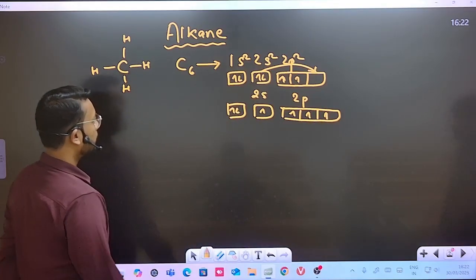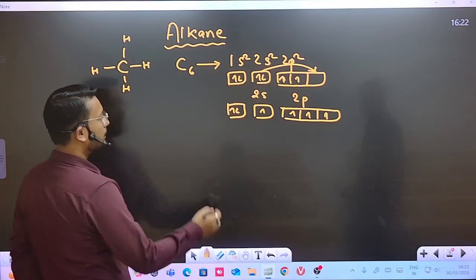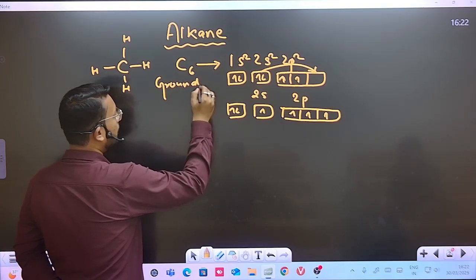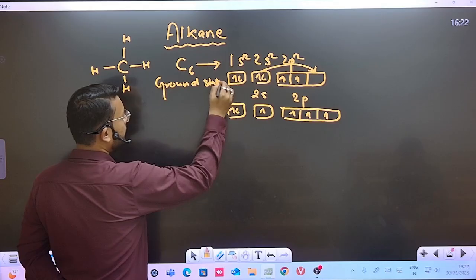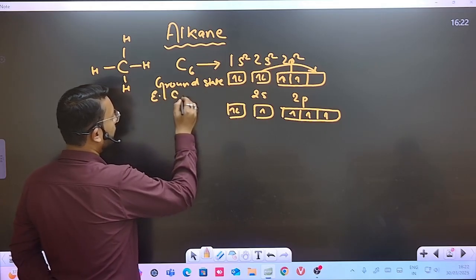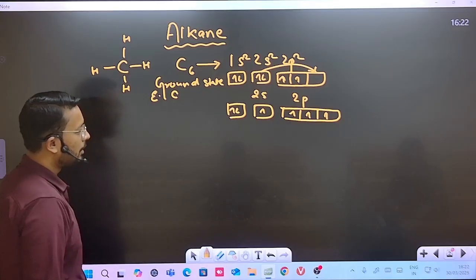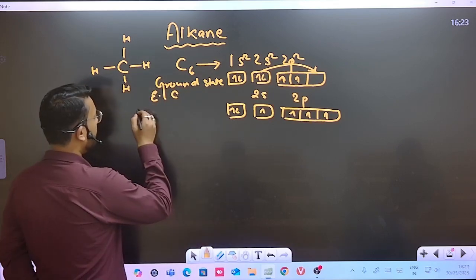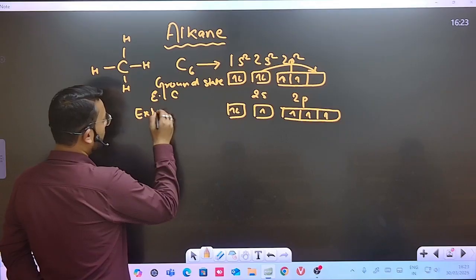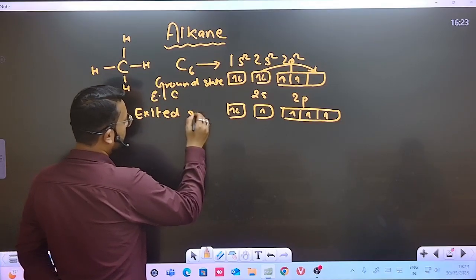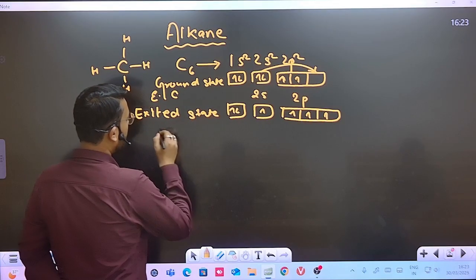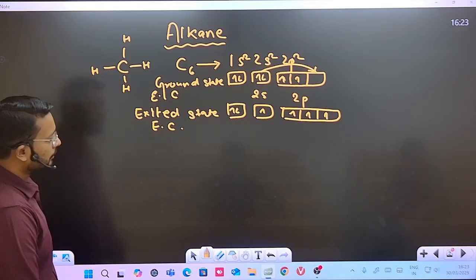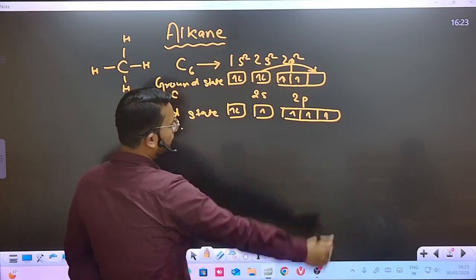This configuration is called the ground state electronic configuration, and after the excitation of an electron from 2s to 2p, this state is called the excited state electronic configuration. Now we have 4 unpaired electrons.